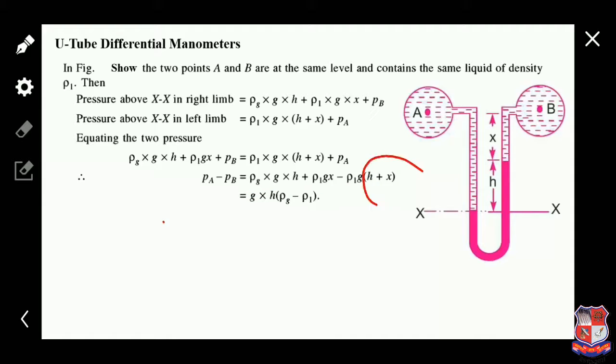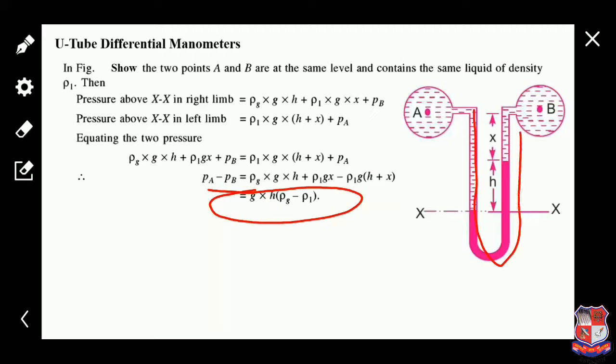Now the bracket is opened and g h is taken as common, so rho g minus rho 1, and rho 1 g x cancels. Only this equation remains, which gives the pressure difference for a U-tube differential manometer in the case where the pipes are at the same level.